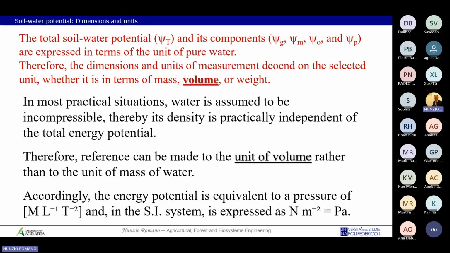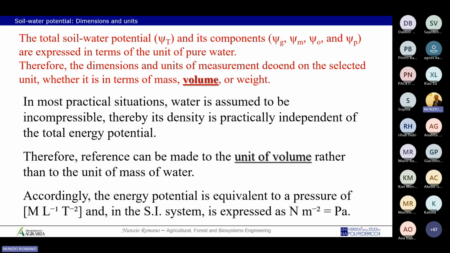Why? Because we are dealing with water, and water is a very specific type of fluid. Water is a fluid quite incompressible, meaning that the volume has only small changes, of course, in a practical situation.